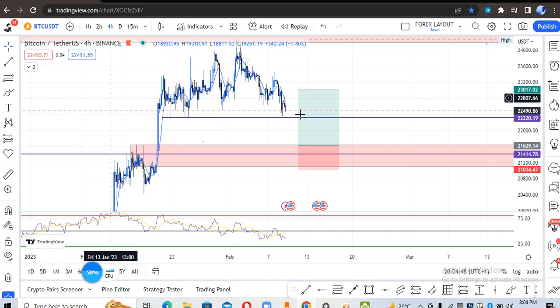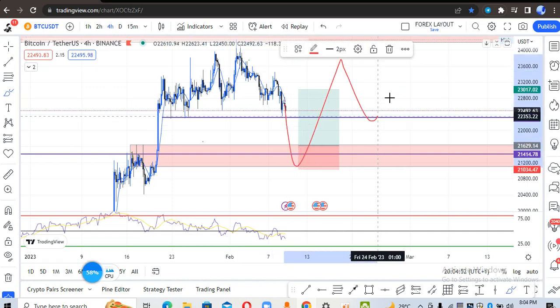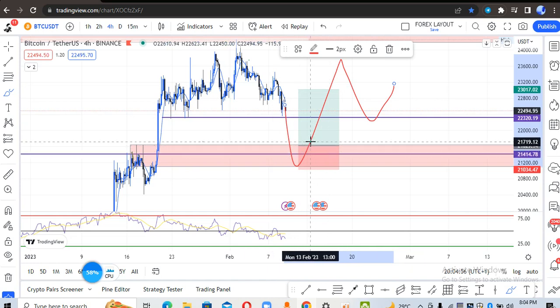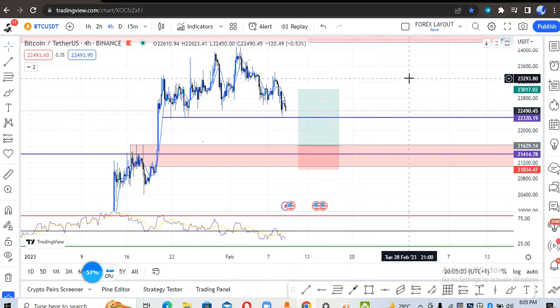It might just go down and immediately start shooting upwards, and if you do not set limit orders, you might not catch this move. So guys, you also want to look at that and set some limit orders in your futures trading accounts on Bitcoin. So that's what I'm currently expecting in Bitcoin.